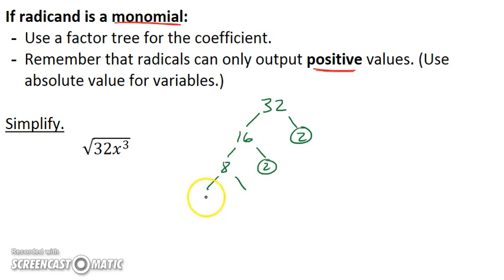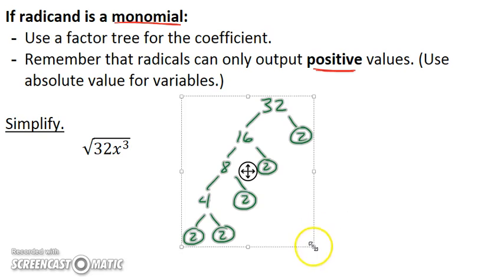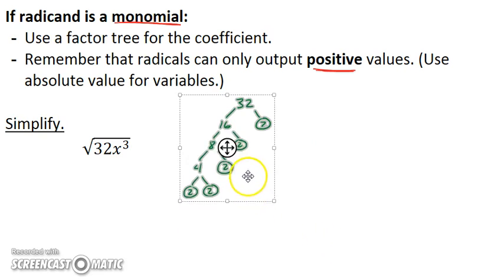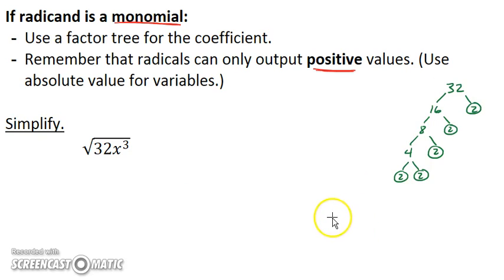And then we'll do 4 and 2. There are actually a ton of different ways to break this down. And 4 is 2 and 2. So either way you slice it, 32 is the same as 2 times 2 times 2 times 2 times 2, or 2 to the 5th. So there's my factor tree for 32.